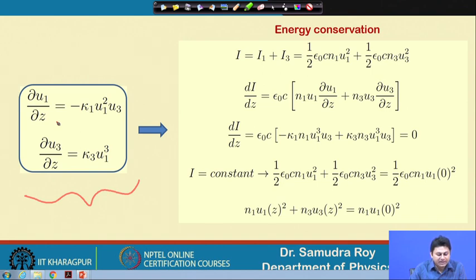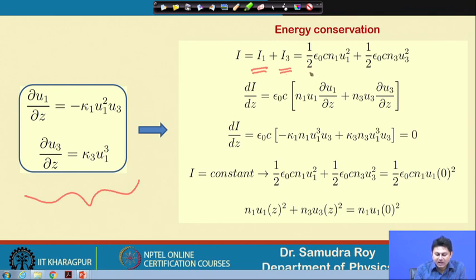So, even though energy is changing from one to another, the total energy, or the total intensity if I write it in terms of intensity, should remain conserved. There should not be any loss or gain of intensity in this process. The total intensity is I1 plus I3, the intensity of the fundamental wave plus the intensity of the third harmonic wave.